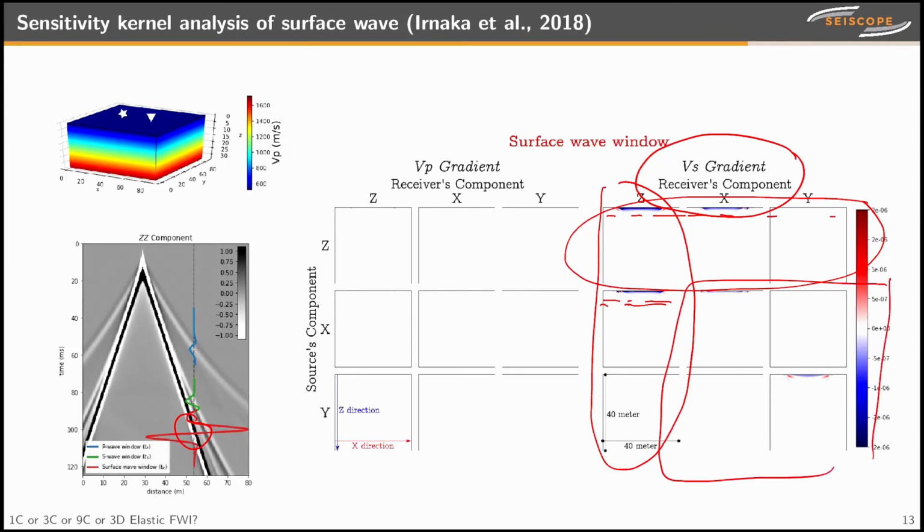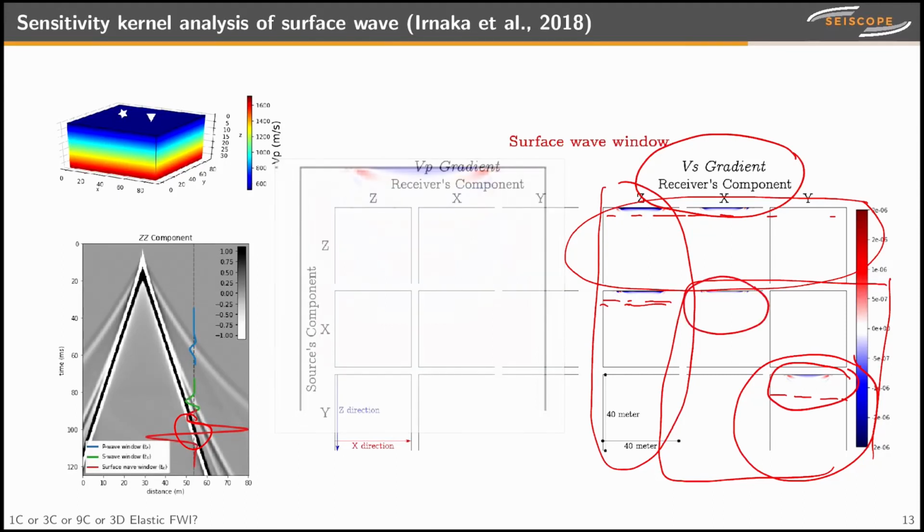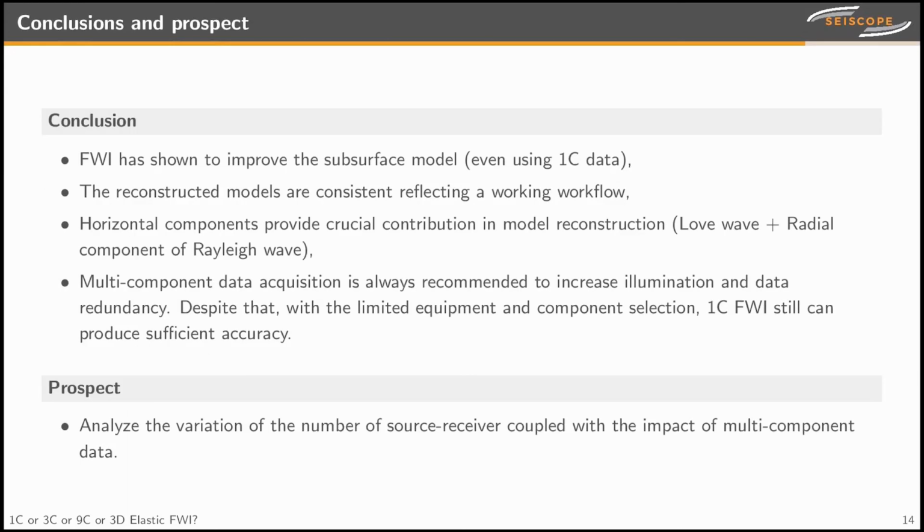But when we use this horizontal component, we can see that we have the advantage of having this YY component as the Love wave, which gives us a deeper penetration depth. So the physical meaning of why we need to emphasize the horizontal component is because of the additional information of this Love wave and also the radial component of the Rayleigh wave.